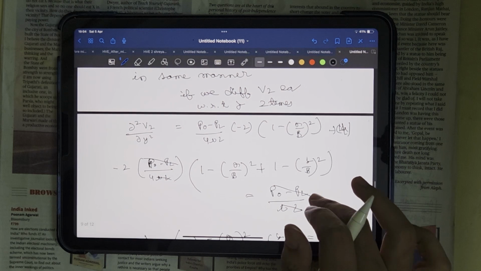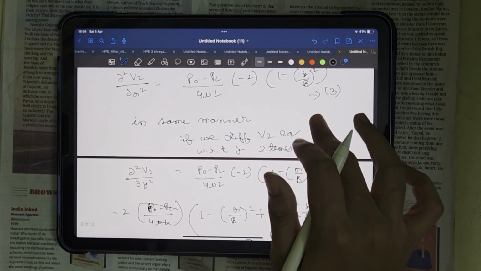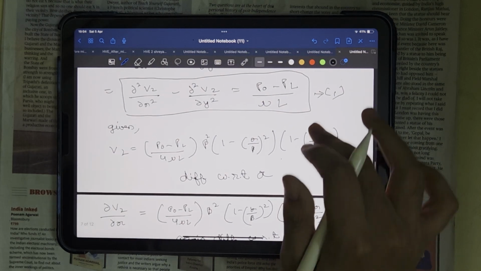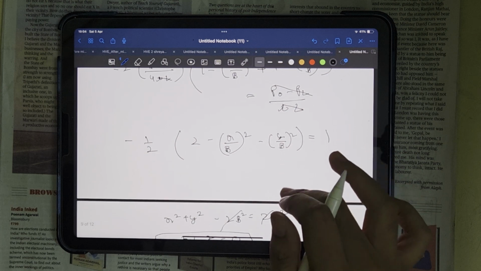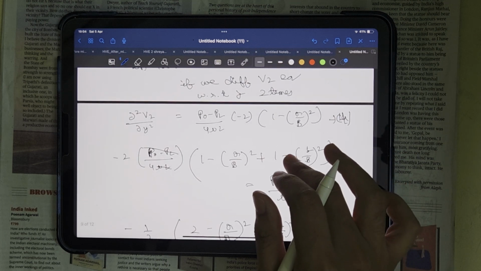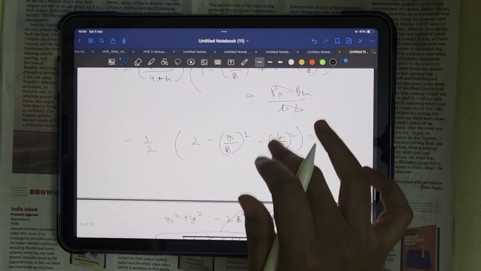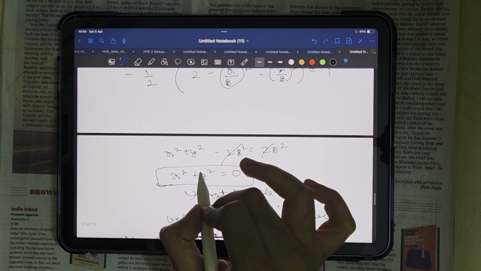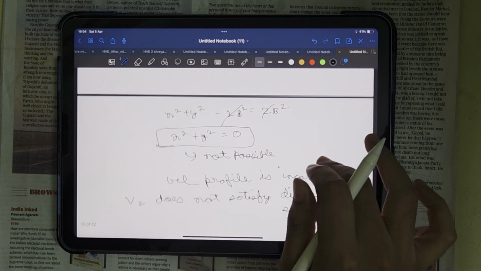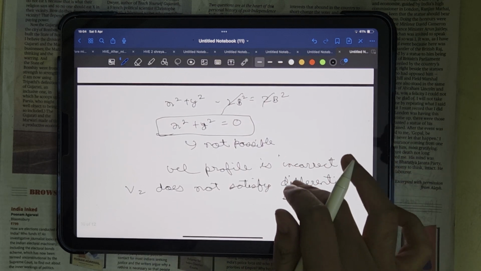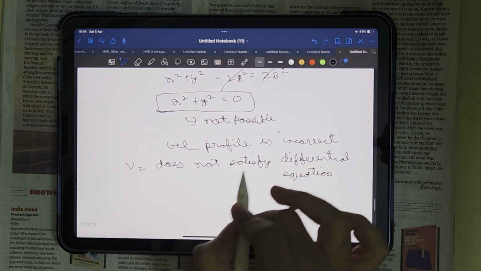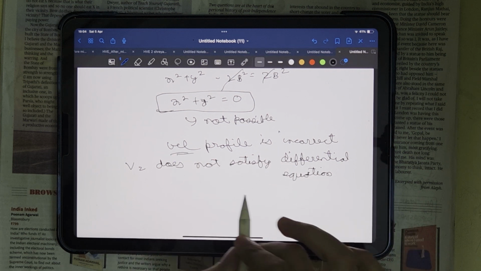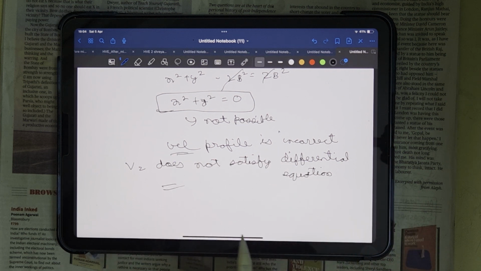And then we substituted both 3 and 4 in our original equation 1 to check if the velocity profile gets satisfied, and it came out that x square plus y square was equal to 0, which is practically not possible. Therefore the velocity profile is incorrect and Vz does not satisfy the differential equation.